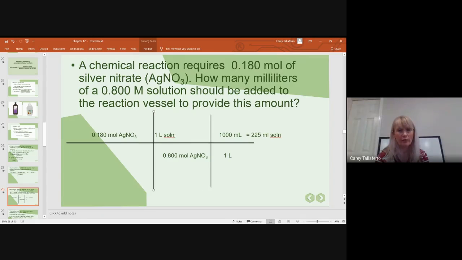I'll be left with my volume. Now, the thing to keep in mind here is I don't want my answer left in liters. I want it in milliliters. So when I'm done with this calculation, I'm going to multiply that value by 1,000 to do my conversion. And when you do that, you get 225 milliliters of solution.